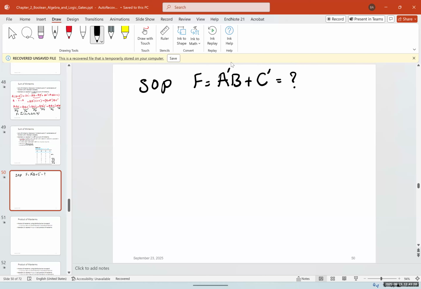And I want you to write the sum of product of this and the truth table for it. Again, write the SOP, sum of products, of function f, which is a prime b plus c prime.